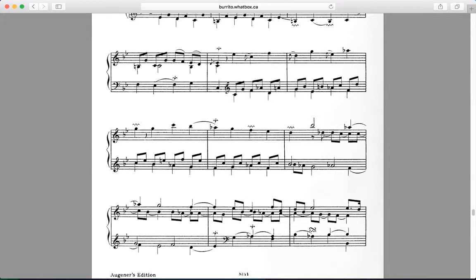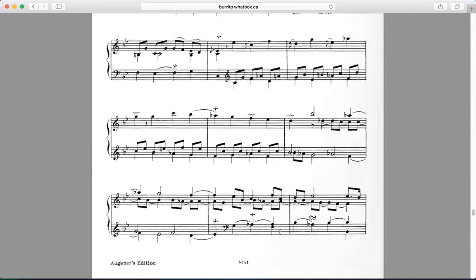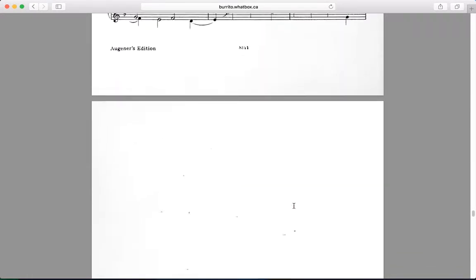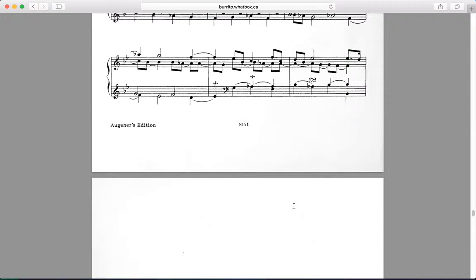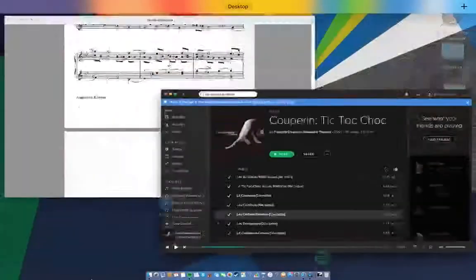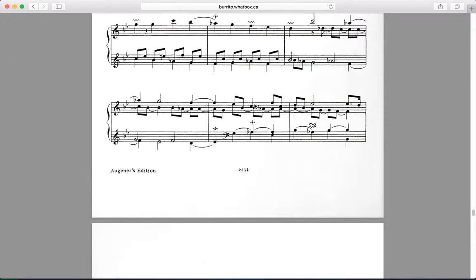See? Okay. So the bass has the stable note, the alto voice has the offset rhythm, as well as the tenor.